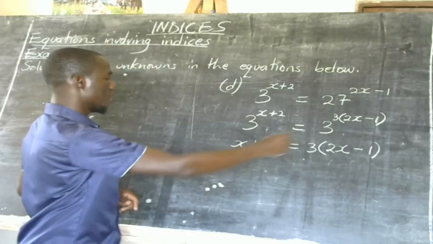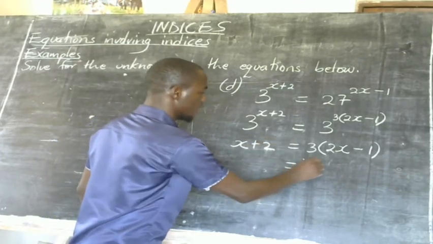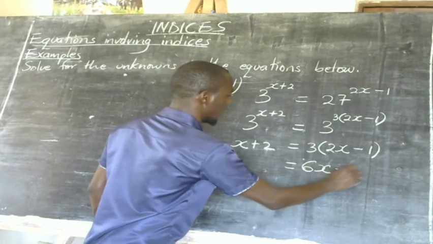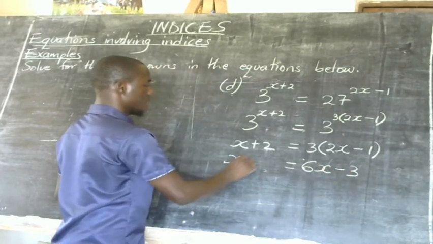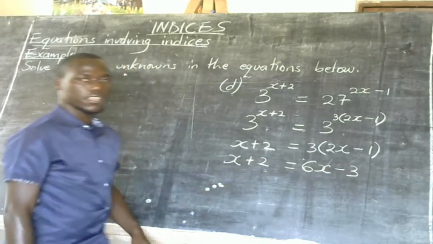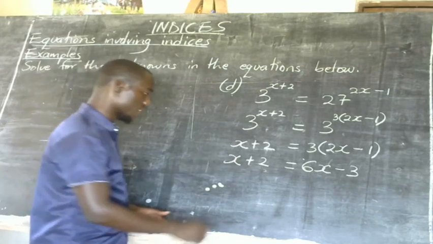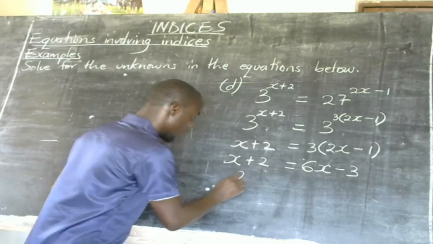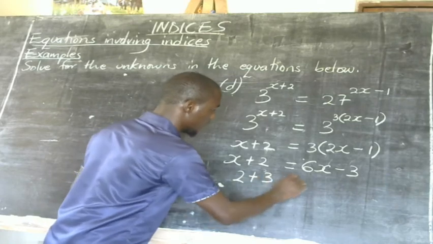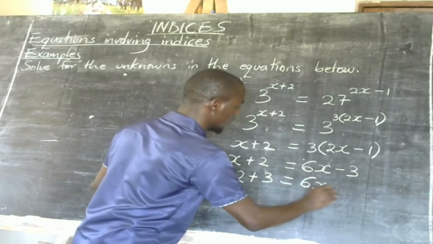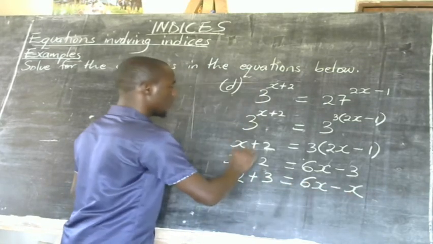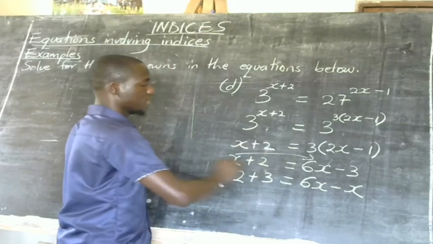Then opening brackets on the right hand side, so that is 6x, then minus a 3, then x plus a 2. Collecting like terms, that is the 2 plus 3 is equal to 6 minus the x. When this goes the other side, becomes a negative.